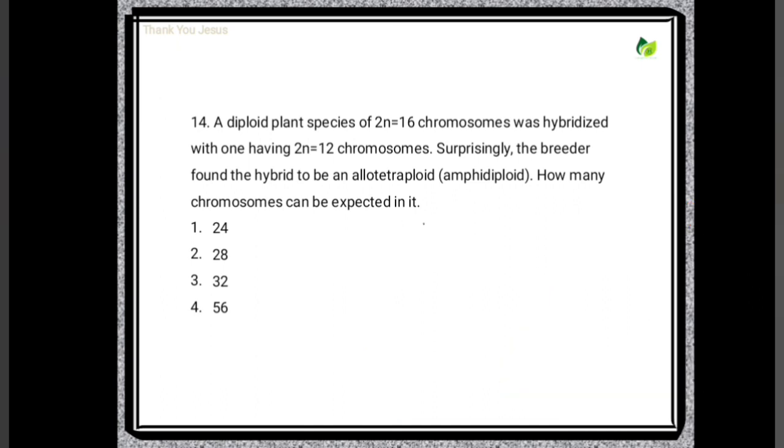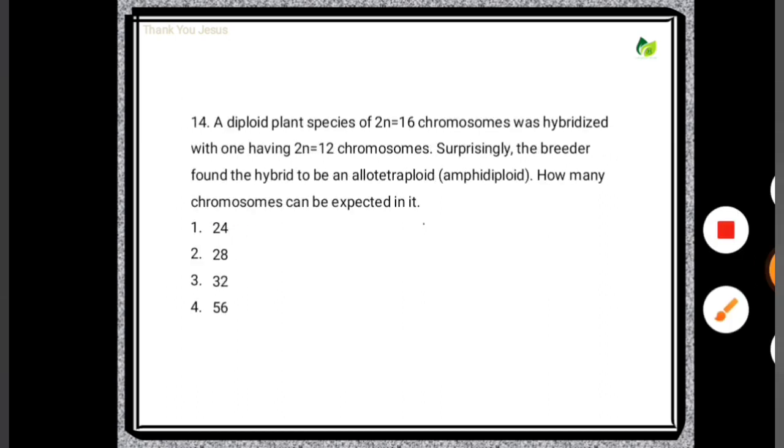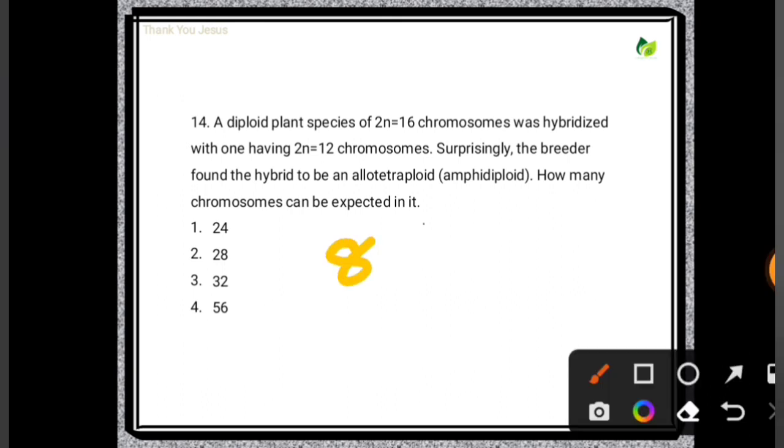So 8 plus 6 is equal to 14 chromosomes. You have to remember. Okay, here it is mentioned it is an allotetraploid, means possessing 4 times the chromosomes in a haploid number.